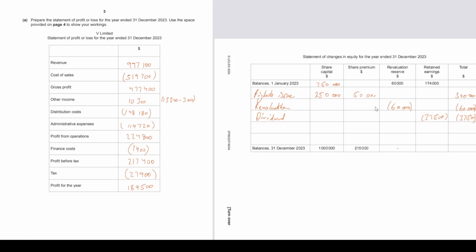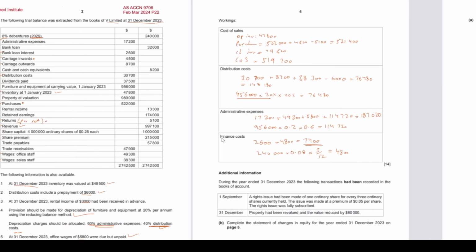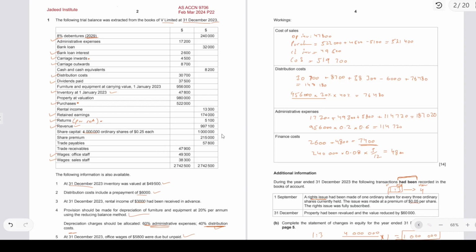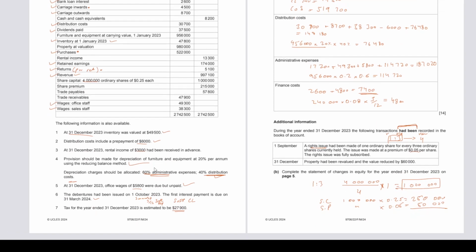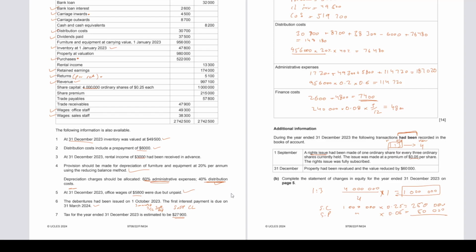Okay, so we need to complete this. That's what they say, so probably there are marks for what we just did. We are not making any SOFP here, so I don't know why they gave us that information. It's just bothering me a little bit that we didn't use that.